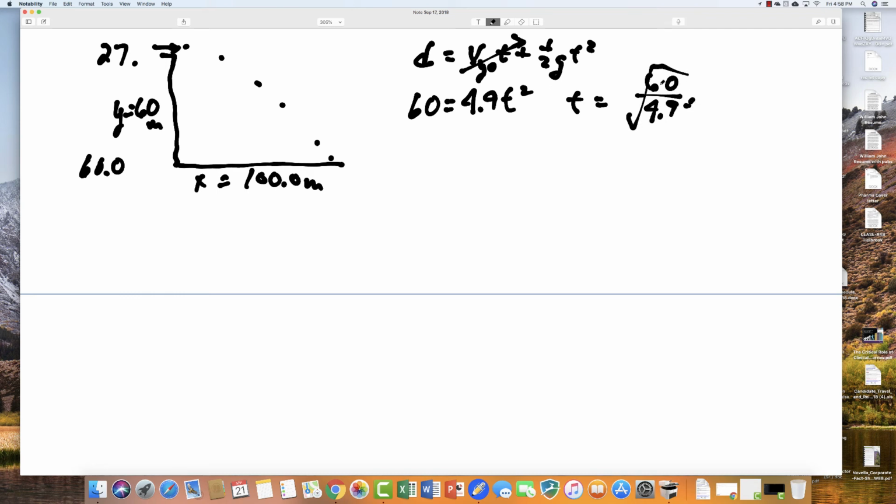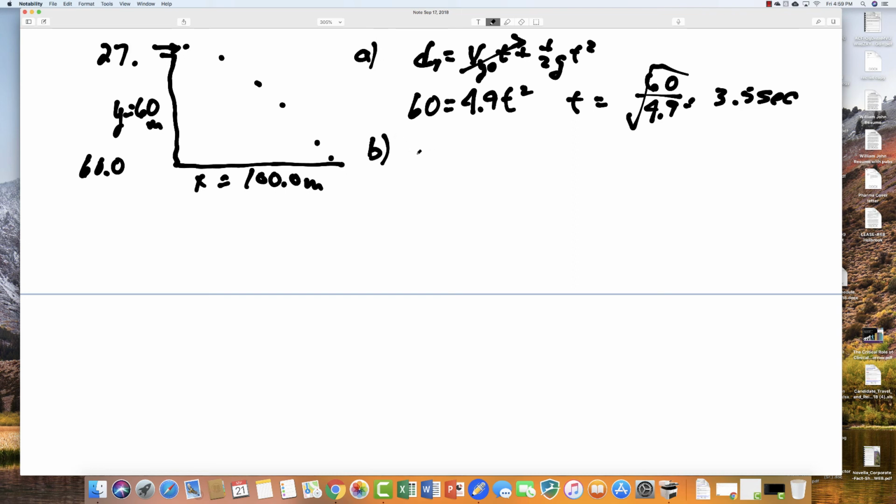And if you do the math here, you should get approximately 3.5 seconds. So the ball is in the air 3.5 seconds. Now see, the distance here is the Y distance. There was no Y component to the velocity, so the only thing acting was gravity. And so that's why this calculation is this way.